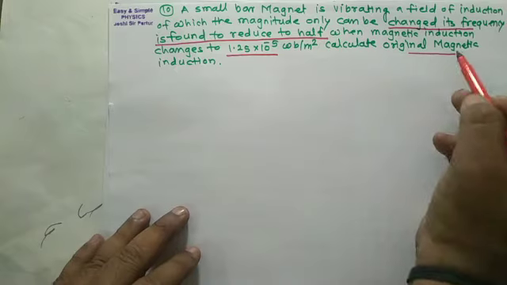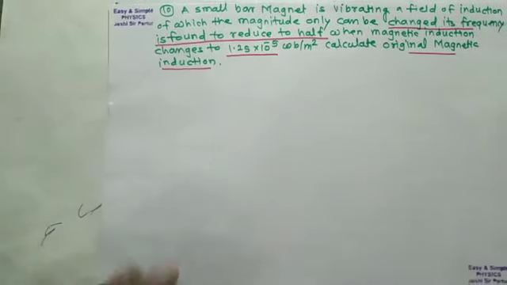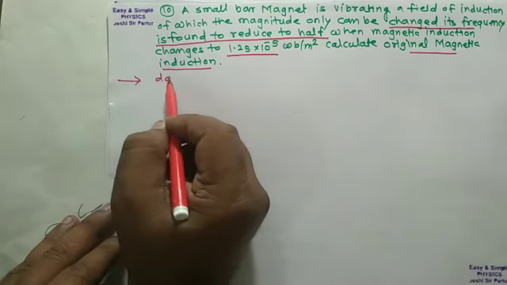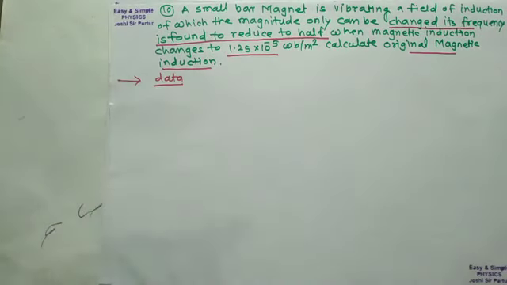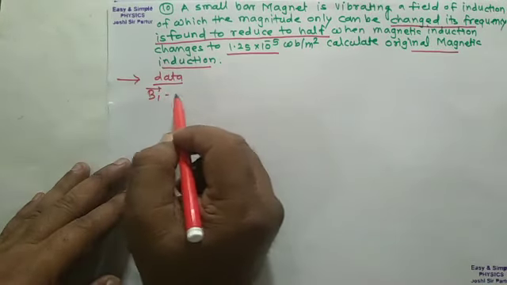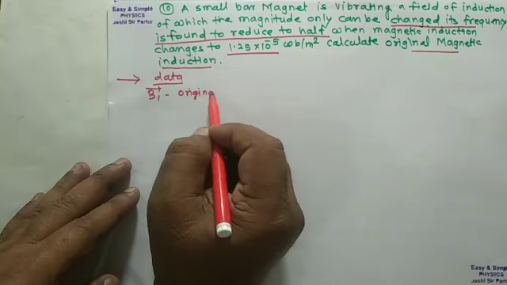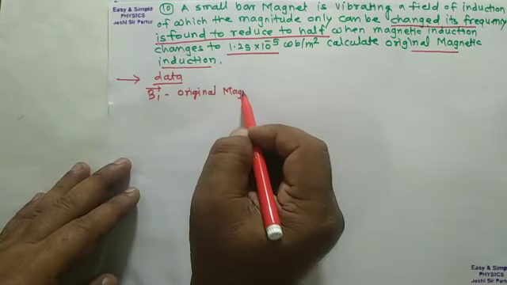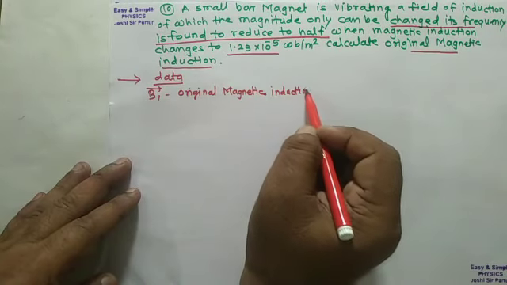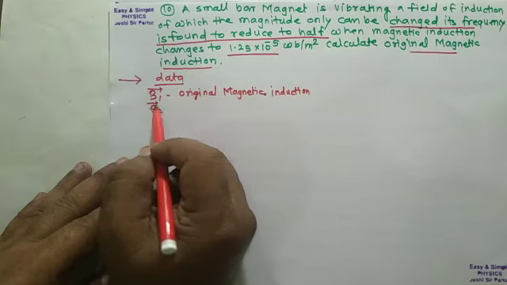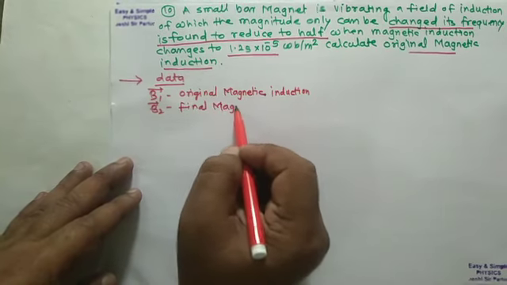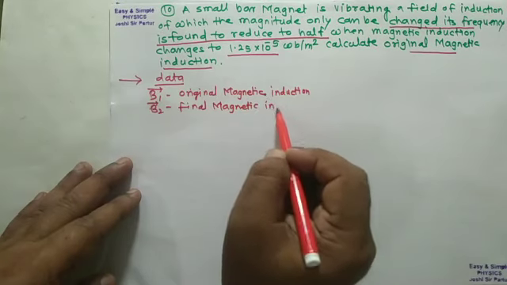Calculate the original magnetic induction. In this example, first of all, we write the data. Vector B1 is the original magnetic induction. B2 vector will be the final magnetic induction.